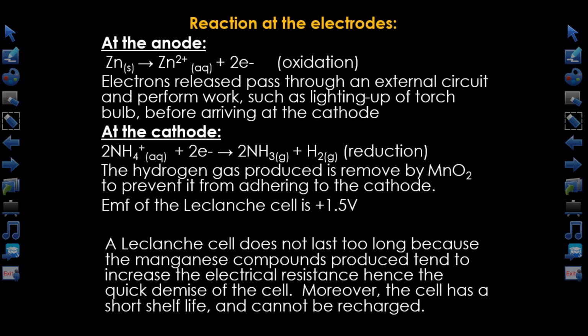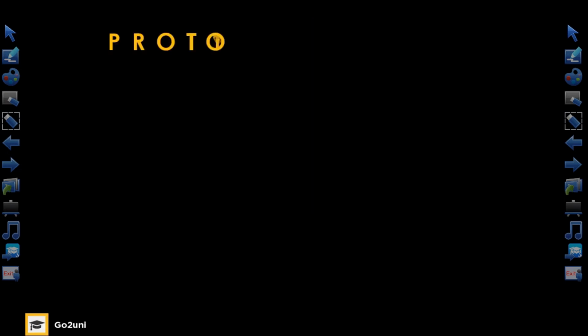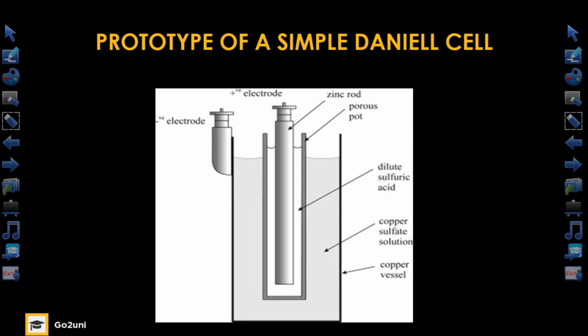The Electrochemical cell works in a similar function to the Daniell cell. But in the Daniell cell, the depolarizer is different and the electrolyte is also different. The electrolyte is dilute sulfuric acid or zinc tetraoxosulfate(VI), while the depolarizer is copper sulfate solution.